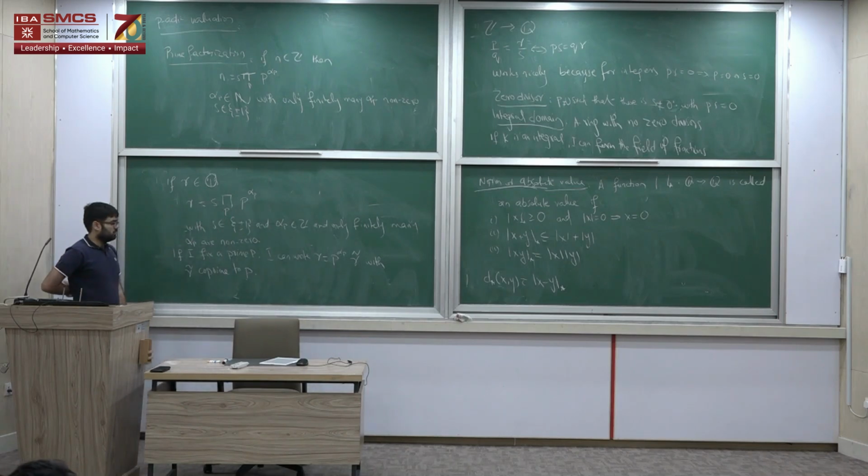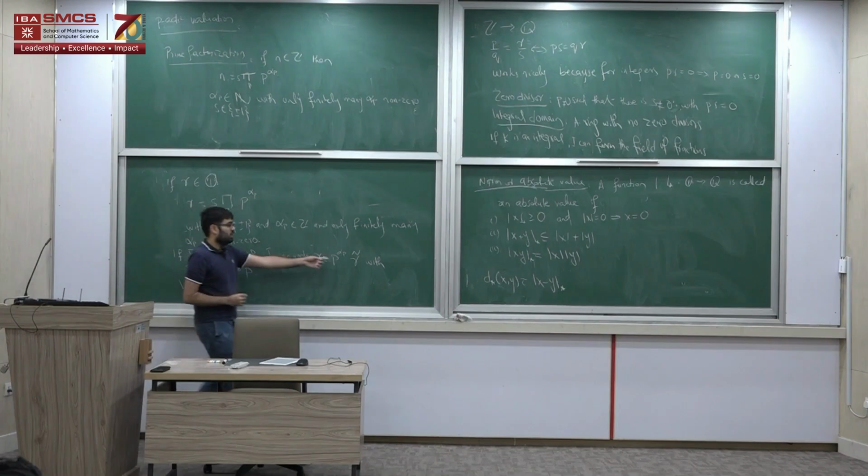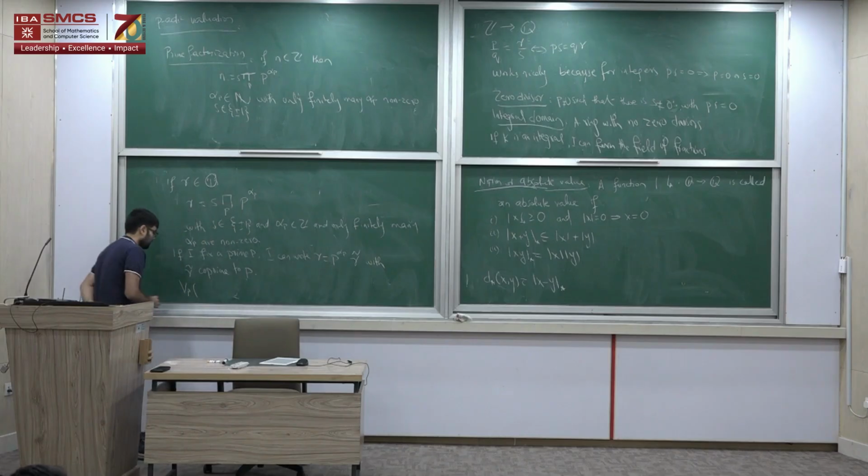So, they are integers. And this p-adic valuation that I want to define, denoted V p, basically tells me how many factors of p this number has. So, V p of r is just alpha p.